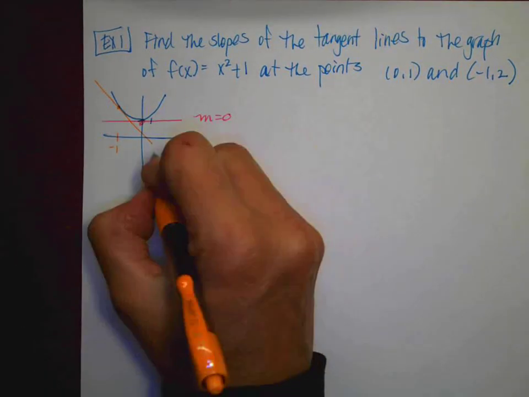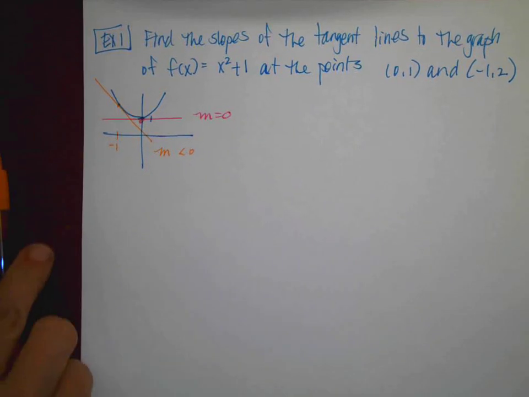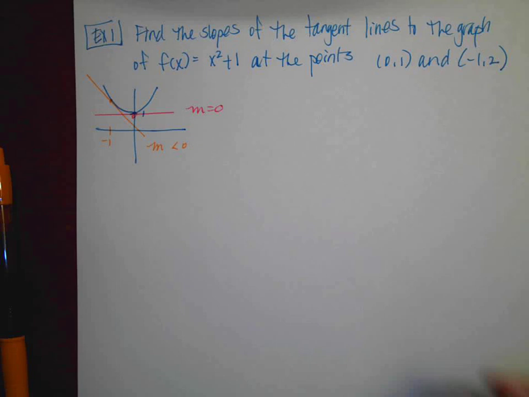All right? We can tell that the slope on this one is going to be negative, and so that's just kind of a way of checking.